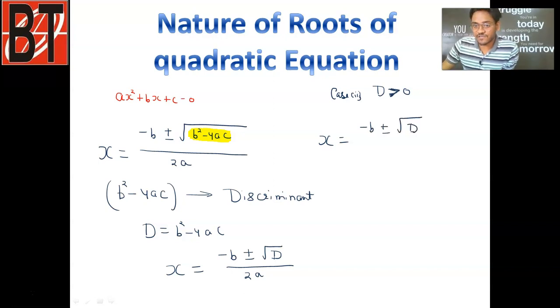Since d is a positive number, the square root of a positive number is also a real number. Square root of any positive real number is always a real number. So there will be two roots. One when we take the positive sign in between, and the other when we take the negative sign in between. So the roots are going to be this one: minus b plus root d upon 2a, and minus b minus root d upon 2a.